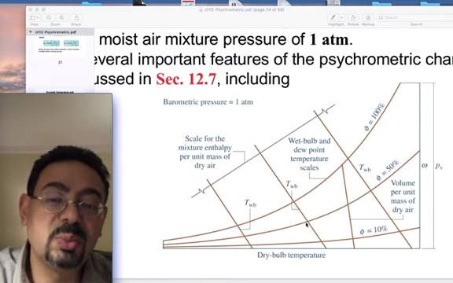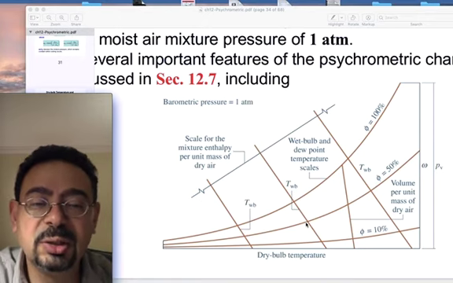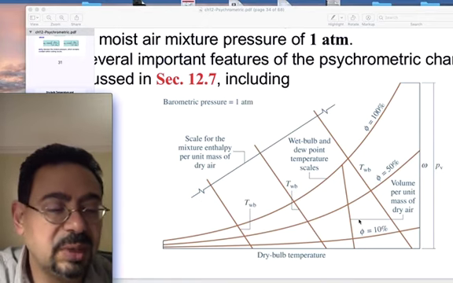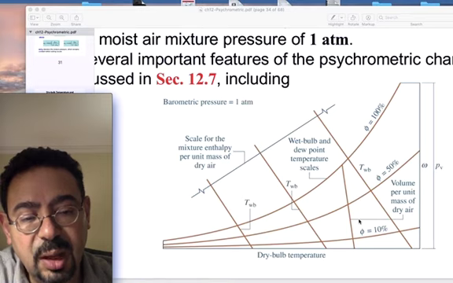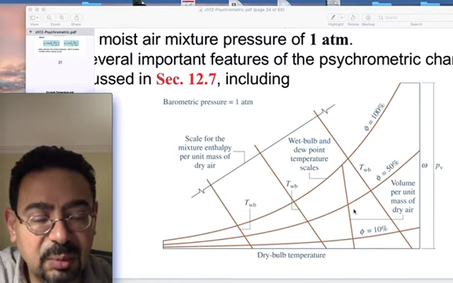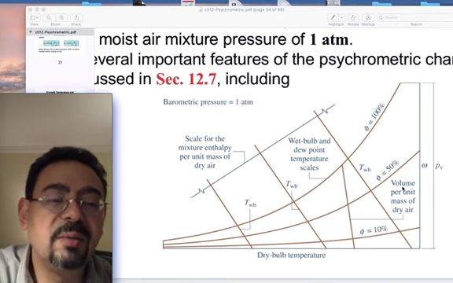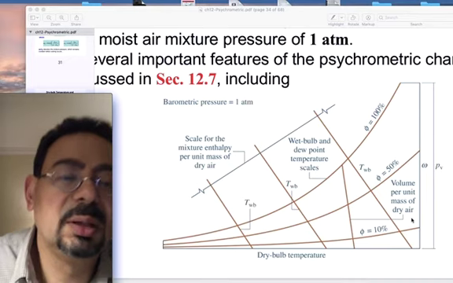You can do this with the equations, but it involves a little bit more calculation. This chart is basically instantaneous because it's based on a graphical interface, really. This line, a little bit vertical, not totally vertical, is the volume per unit mass of dry air. Volume of what?